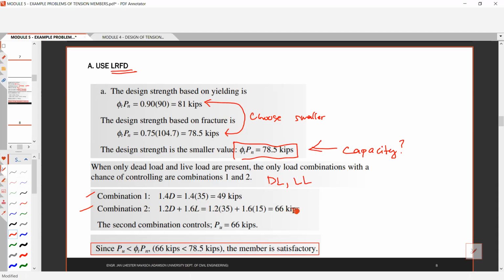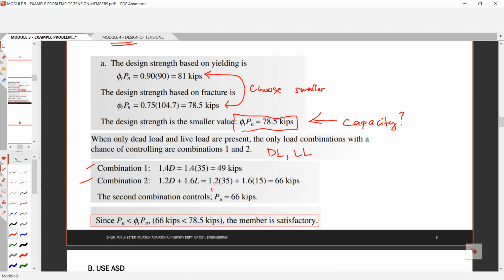Therefore, we will be designing our members based on the critical load. So we will be using 66 kips, our combination 2, since we are expecting a load of 49 and a load of 66. We'll be using the design based on the 66 kips. So this will be your capacity, and this will be your demand.